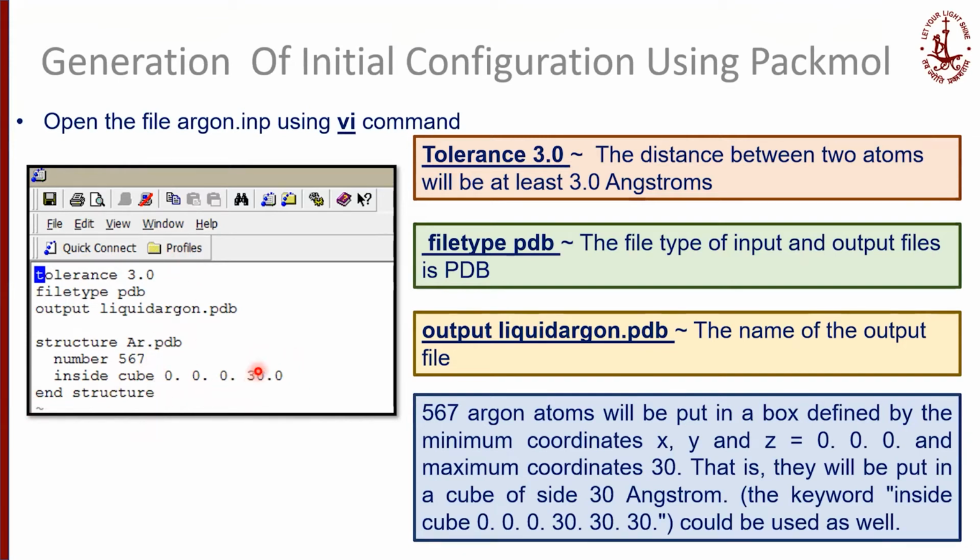You can take a 40 angstrom box, 50 angstrom box, or 10 angstrom box, but your number of argon molecules will change accordingly. You need to know how to calculate the number of molecules that you want to take for a particular simulation based on the density of the system. Liquid argon has a particular density.